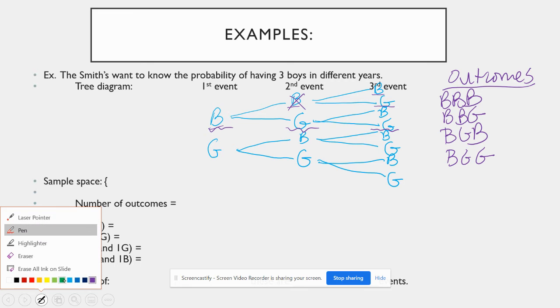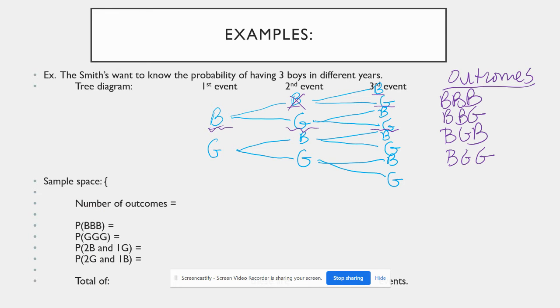Now we're going to work on the girl part. Okay. So we have girl, boy, boy. Girl, boy, girl. Girl, girl, boy. And then the last set of branches, we have girl, girl, girl.